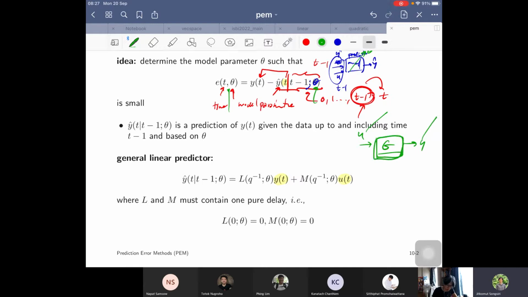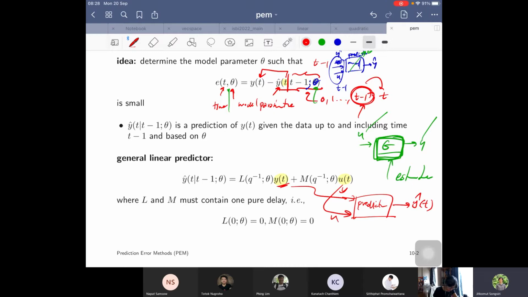This is your physical system, your real system, and you want to estimate G. Now, in this lecture, we construct something called a predictor. The output of this predictor is to predict y hat at time t, but we require two types of input to the predictor, that is y and u.